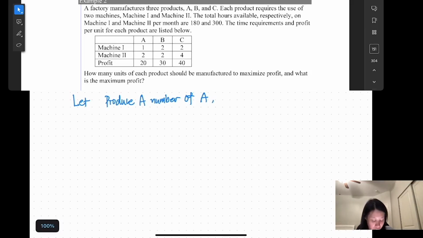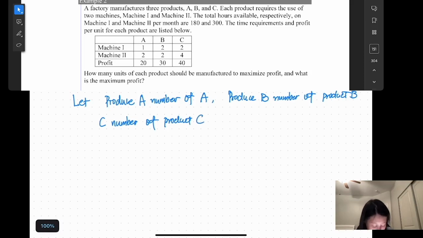And then produce a B number of product B. And a C number of product C. So the constraint function should be, the total for machine 1 is at most 180 hours.